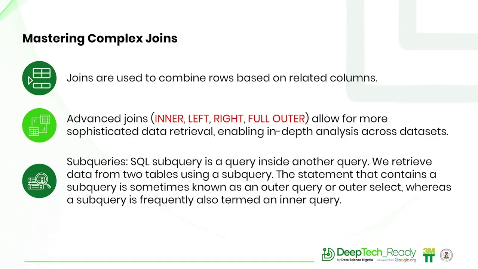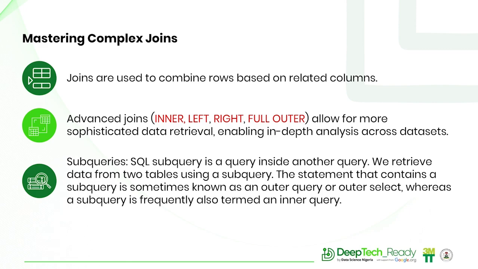Subqueries, on the other hand, are queries nested within another query. These are often referred to as the inner queries, while the enclosing query is called the outer query. Subqueries are particularly useful when retrieving data from multiple tables, while offering a flexible and dynamic approach to complex queries. Explore these tools to unlock the full potential of your data.